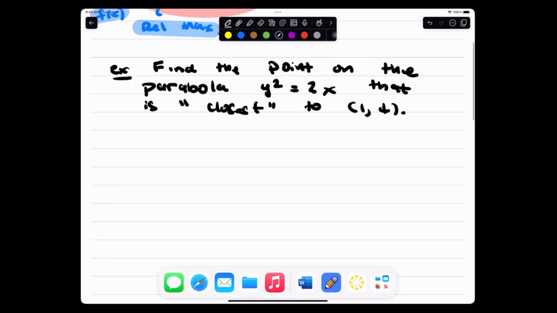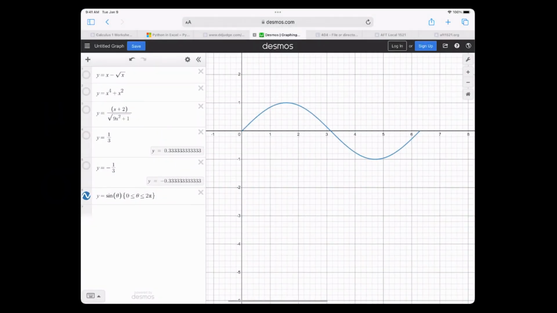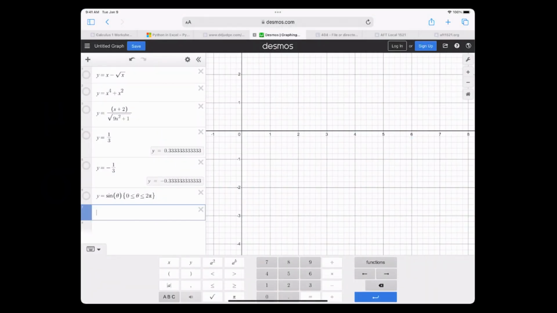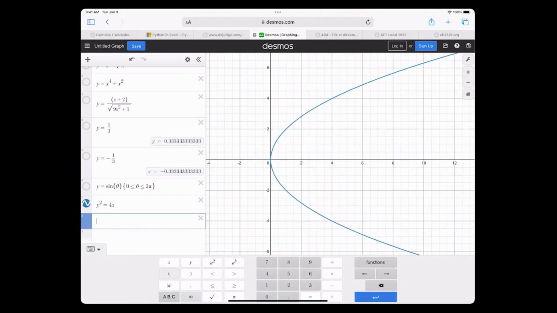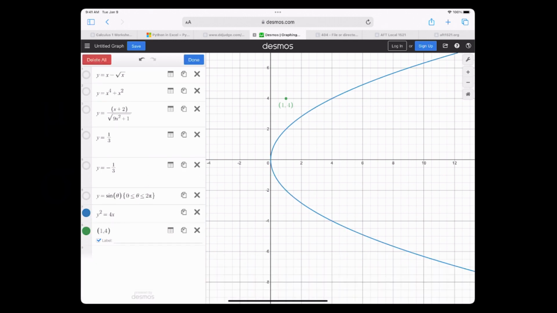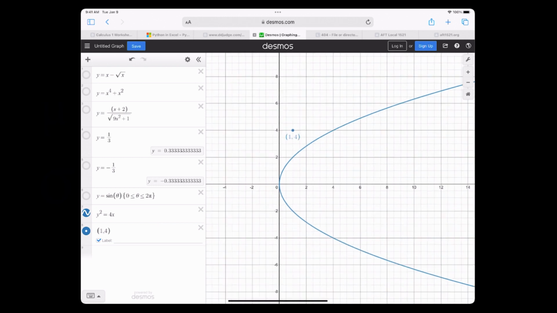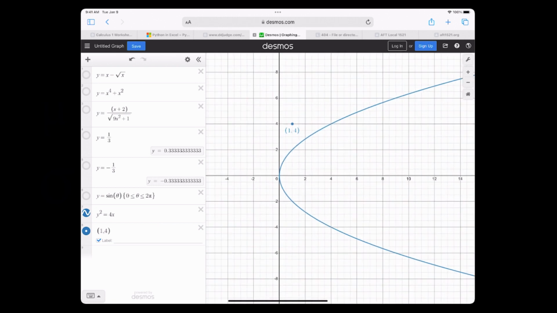So I'm going to go to Desmos here, okay? Y squared is 4x. So here's our graph. And I think they have a point 1, 4. And let's label that blue as well. Okay, so here's the parabola.